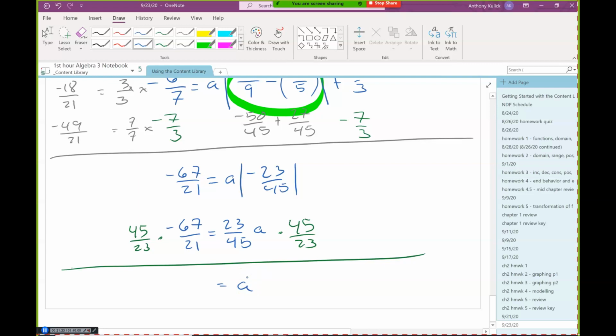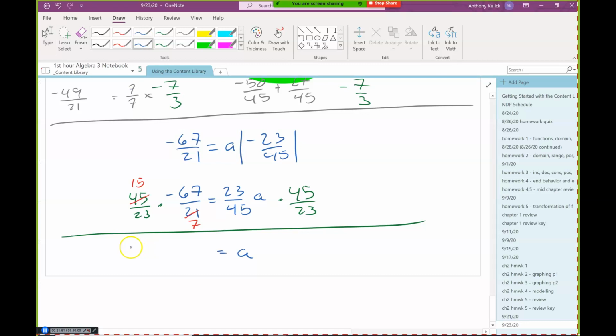So one thing I notice right away when I'm multiplying is that the 45 and the 21 have a factor in common. They're both divisible by 3. So I can reduce those. And then 15 times negative 67 is negative 1005. And 7 times 23 is 161.